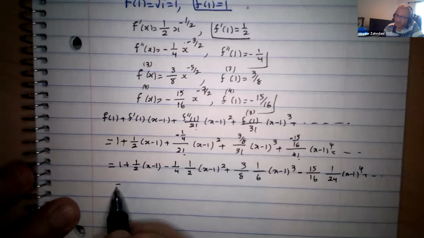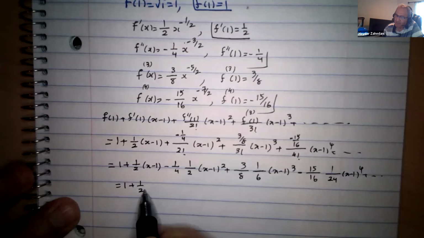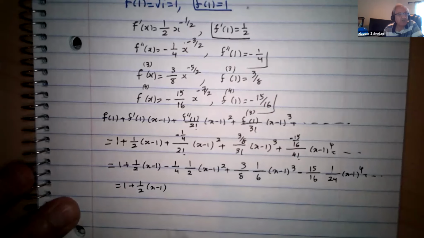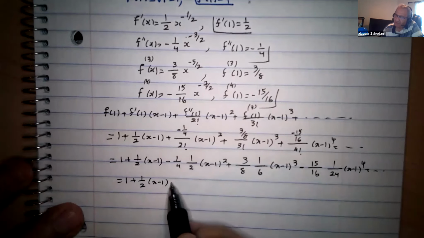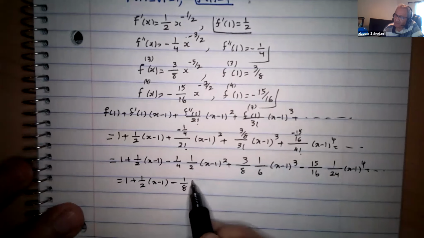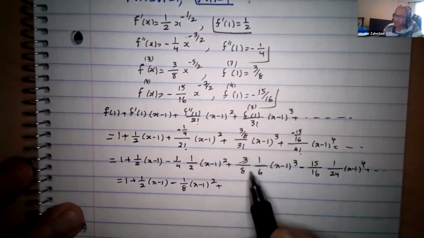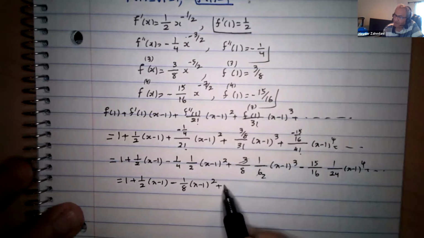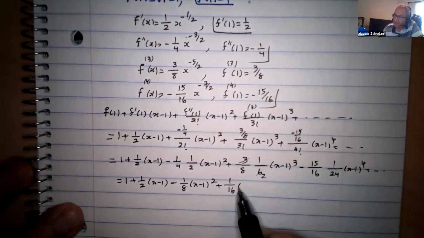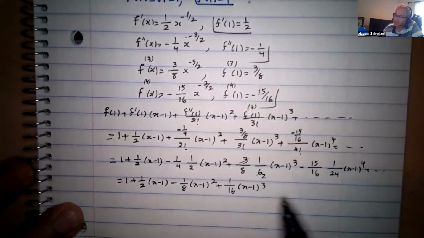So simplify it so that we have 1 plus 1/2 times x minus 1. That would be negative 1/8 times x minus 1 squared. And you simplify it by 3, that gives you 2, so 1 over 16 times x minus 1 to the third.